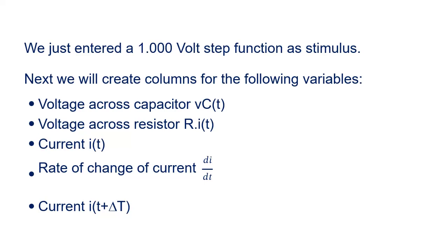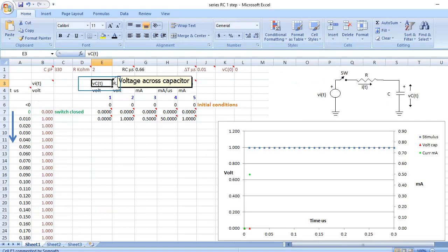We just entered the step function stimulus. Next we will enter the formulas for the various variables as shown. Let us now identify the variables. Column E is reserved for voltage across capacitor.